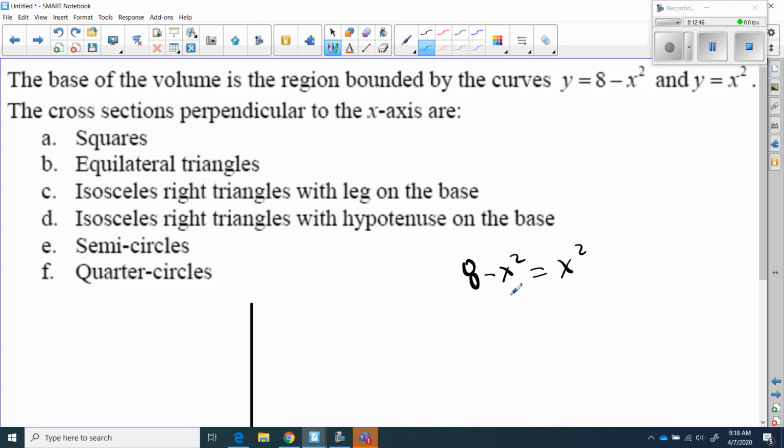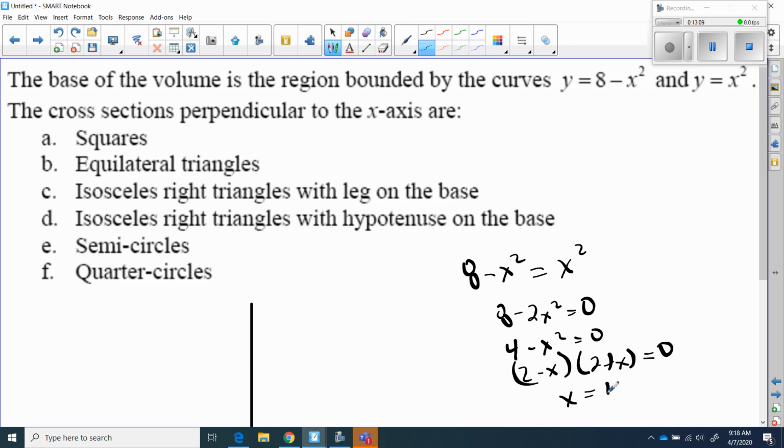I've got 8 minus 2x squared equals 0. Common factor, I can divide everything by 2. So now I've got 4 minus x squared equals 0. Difference of squares. 2 minus x, 2 plus x equals 0. So the points of intersection are plus or minus 2.